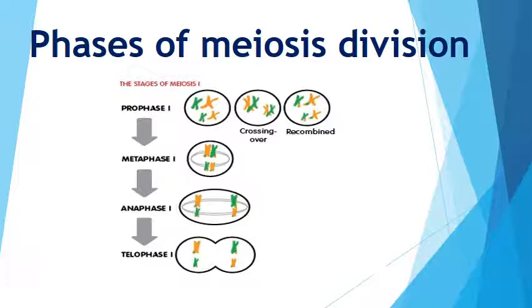Each cell contains haploid number of chromosomes, not diploid number of chromosomes. So this cell will be called a gamete. Okay, but we said in meiosis division we produce 4 new cells, each one containing haploid number of chromosomes, and these are 2 new cells only.